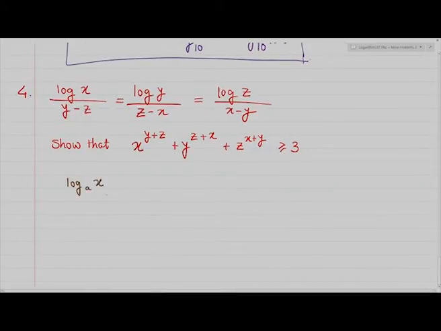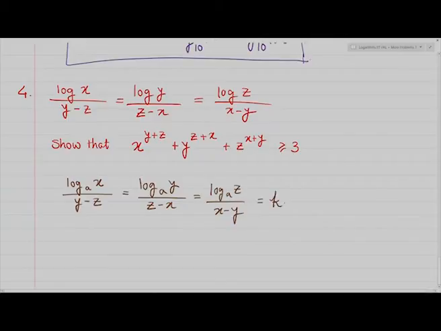The base actually does not matter as long as it is not 1. Log to the base a of x upon y minus z is equal to log to the base a of y upon z minus x, which is equal to log to the base a of z upon x minus y. Let us put this equal to some k.